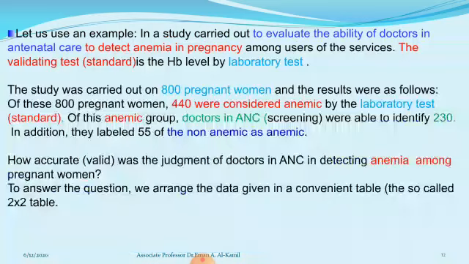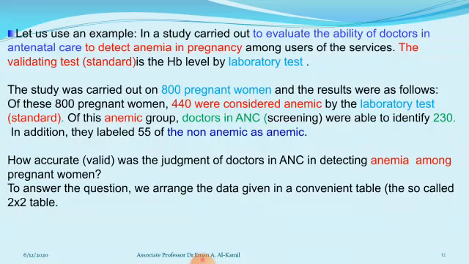Let us have an example. In a study carried out to evaluate the ability of a doctor in the antenatal care to detect anemia in pregnancy among users of the healthcare services, we want to assess the ability of a doctor in the antenatal care to diagnose anemia by physical examination.